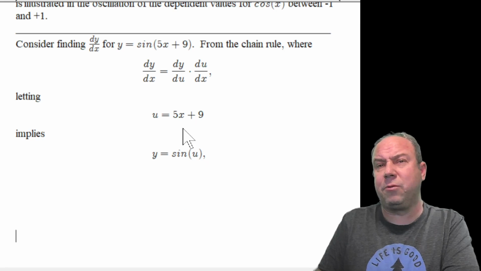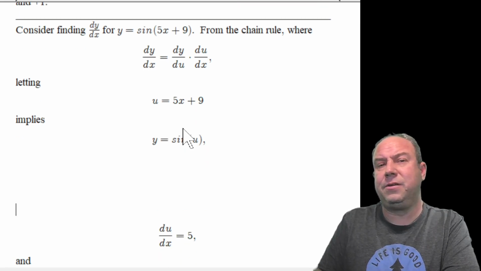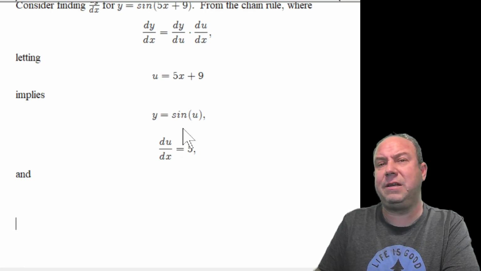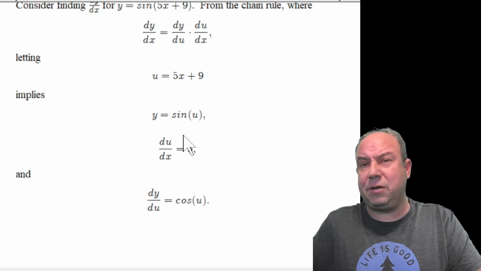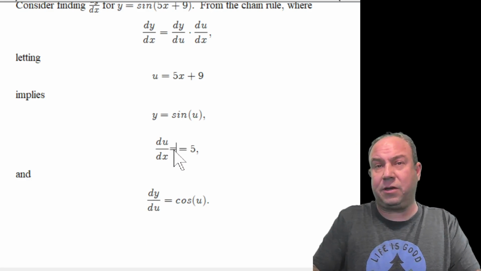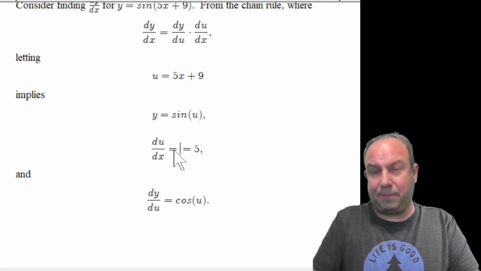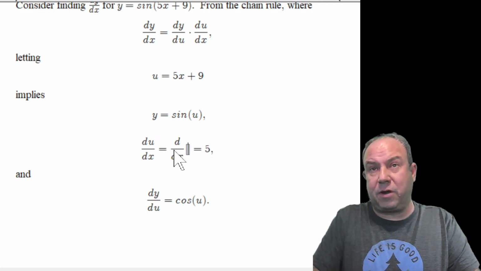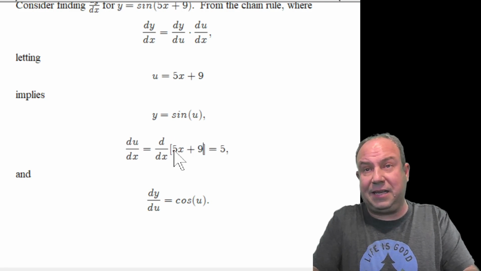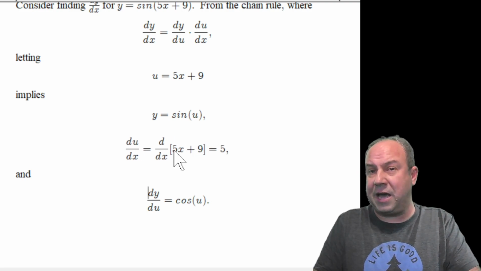So from chain rule, this is version 2 of the chain rule, right? We've identified du dx is equal to 5. And we've identified that dy du is equal to cosine u, because we are looking at, let's set this up, the derivative with respect to x for that linear case for du dx.